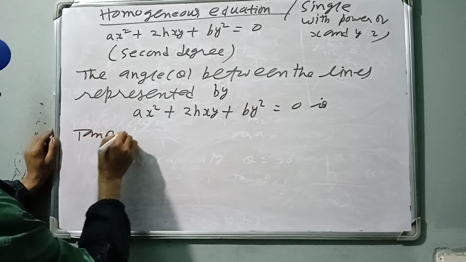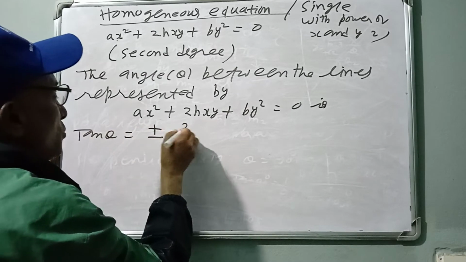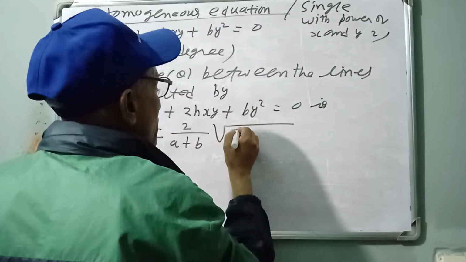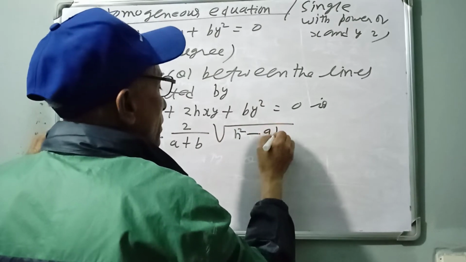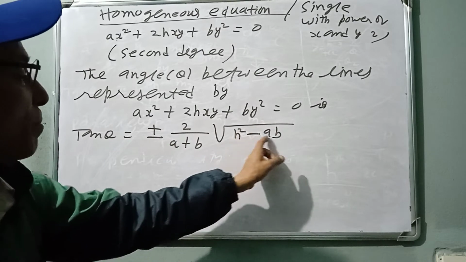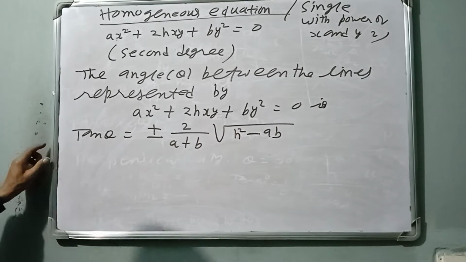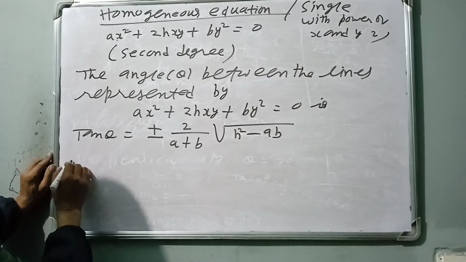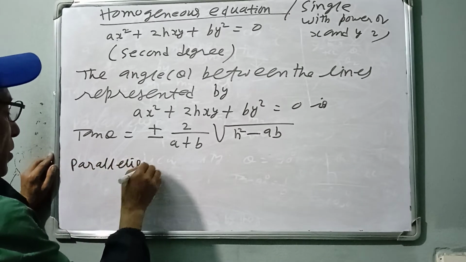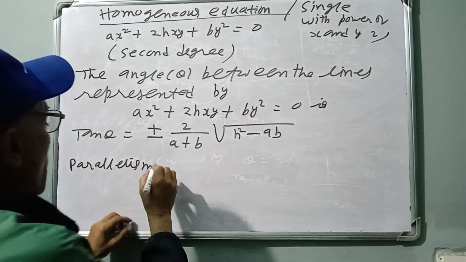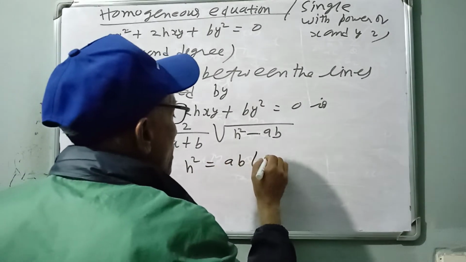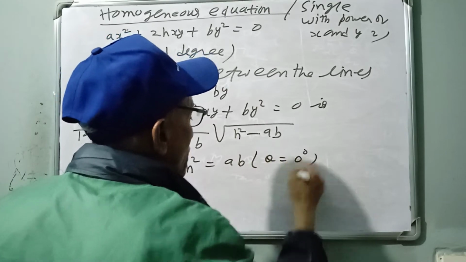It is given by tan theta equal plus minus 2 upon a plus b under root h square minus ab, or plus minus 2 under root h square minus ab by a plus b. Perpendicularity and parallelism conditions. Just like m1 equal m2, here parallelism is h square equal ab because theta equal 0 degree.